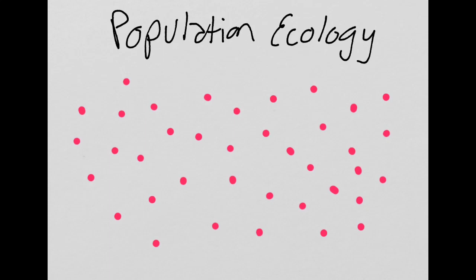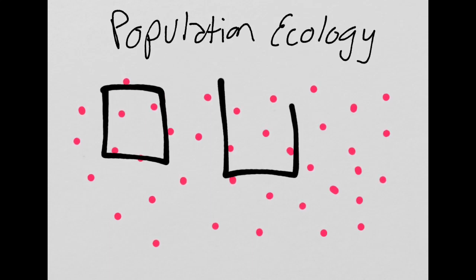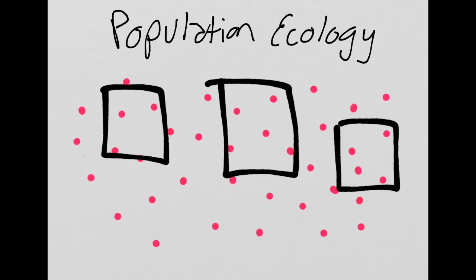So for sessile things, you would use a plotting and counting technique, and what you do is you draw equally sized plots. Well, you'd plot them in real life, and just for these purposes, they're not really equal, but in real life they would be.